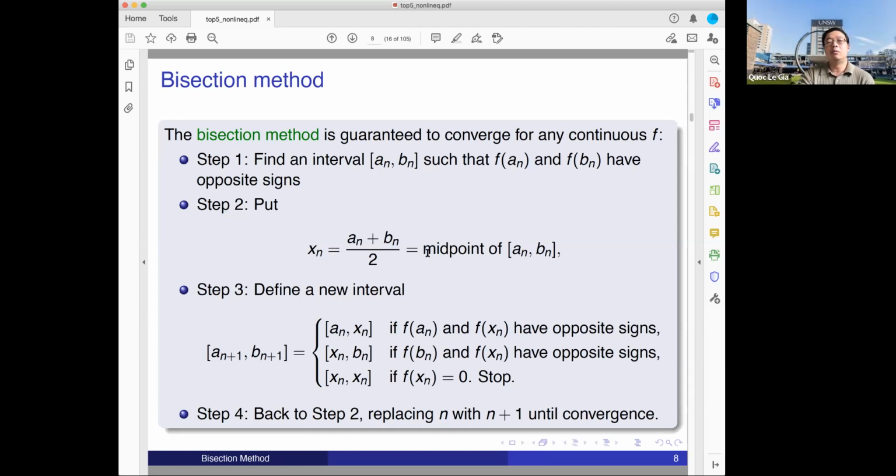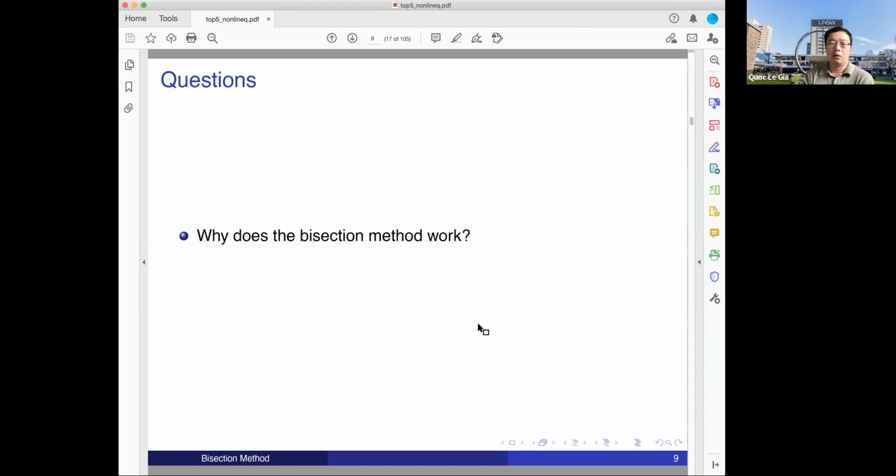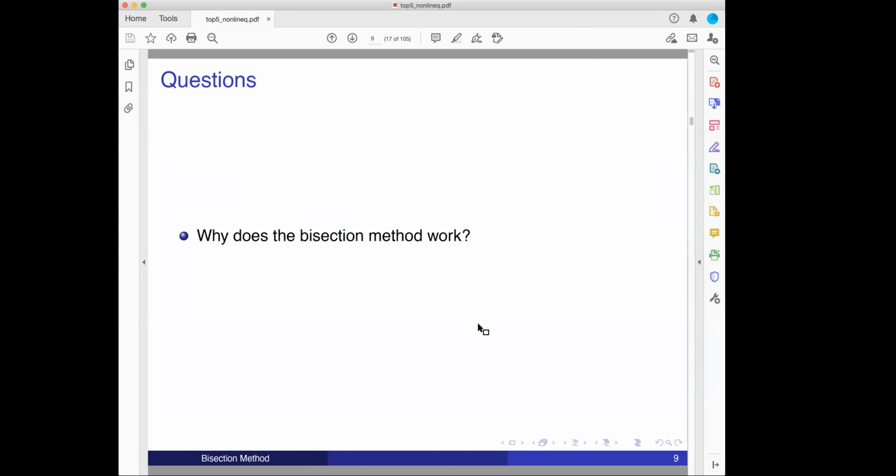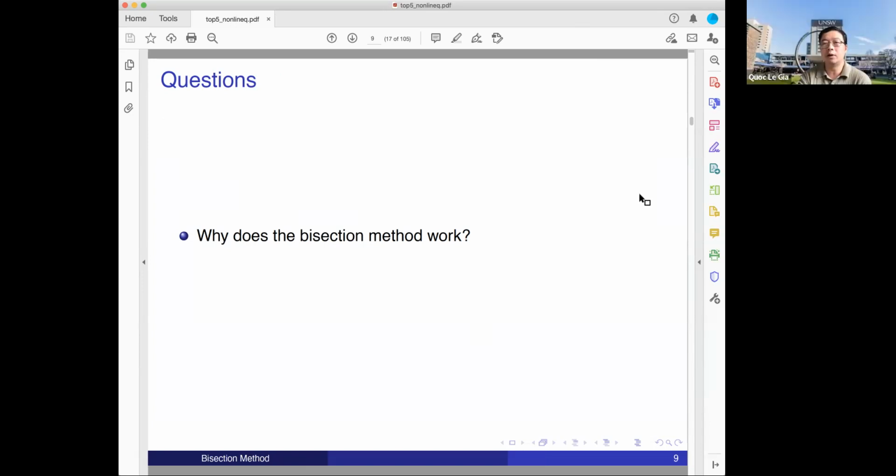So now, what assumption do we have to put on the function f? Or why does the bisection method work? What assumption do you have to put on the function f?